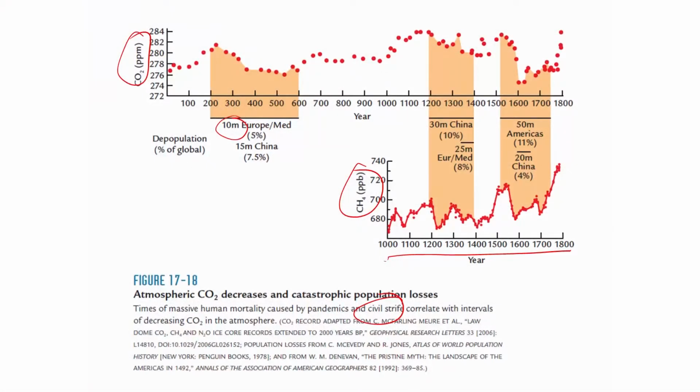So, 10 million people died around this time in Europe and the Mediterranean region, 15 million in China. At the end of the medieval warm period, 30 million people died in China, about 25 million in Europe, and in more recent periods there were 50 million in America and 20 million in China.